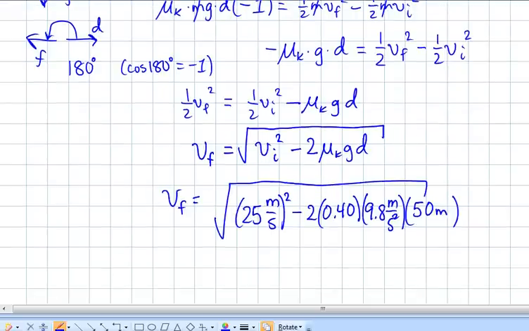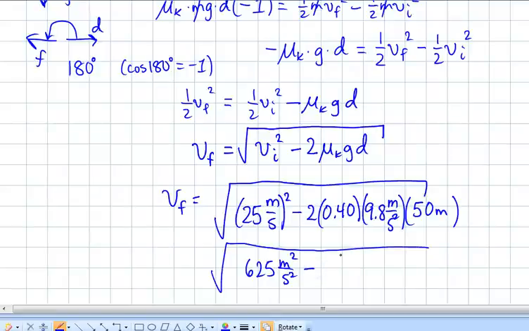Okay, so I'm going to grab my calculator here. So we're going to have the square root of 625 meters squared per second squared minus 392 meters squared per second squared.